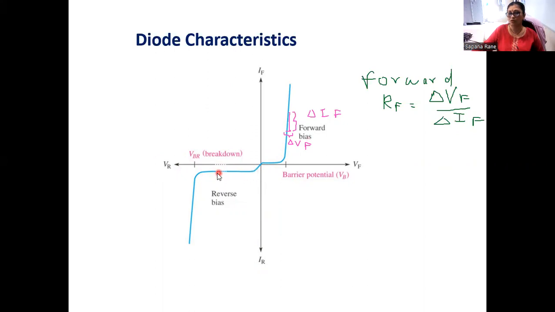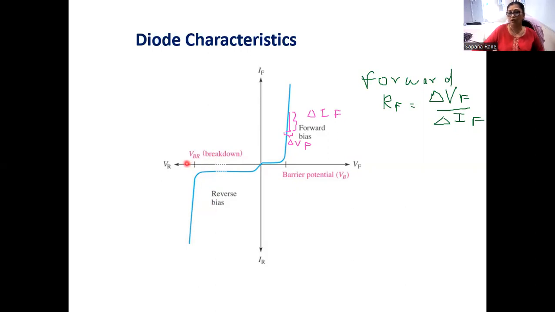It remains almost constant until a certain voltage is reached, and this voltage is called the breakdown voltage. If the applied voltage exceeds the breakdown voltage, suddenly the current flowing through the diode increases and the diode can be damaged. So a diode is never operated in this breakdown region in reverse biased condition. It is always operated till this portion, till you get a constant reverse saturation current at a given temperature.